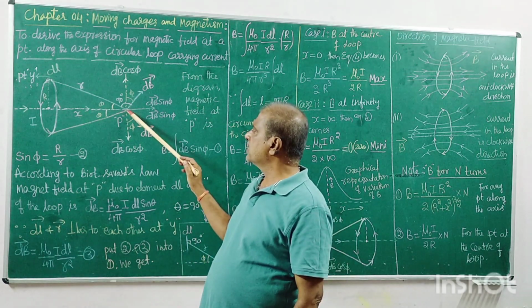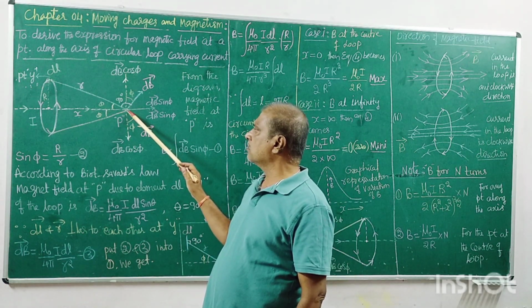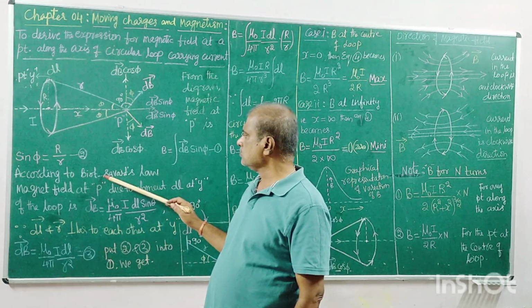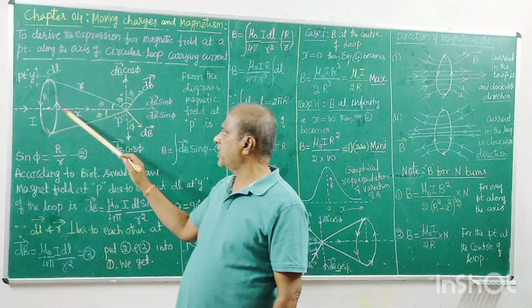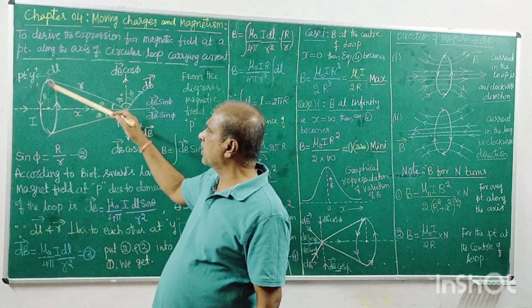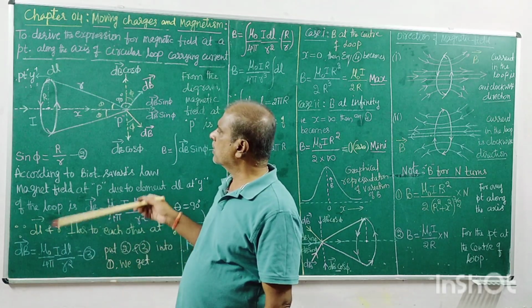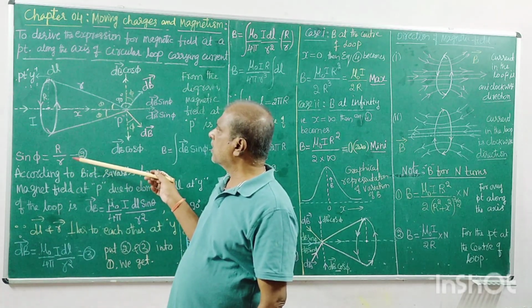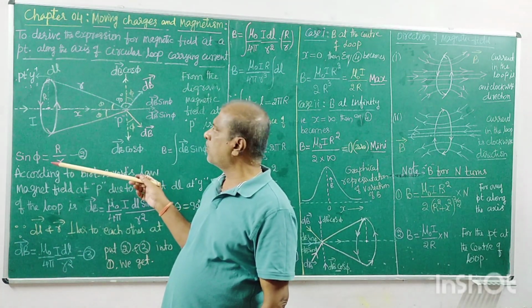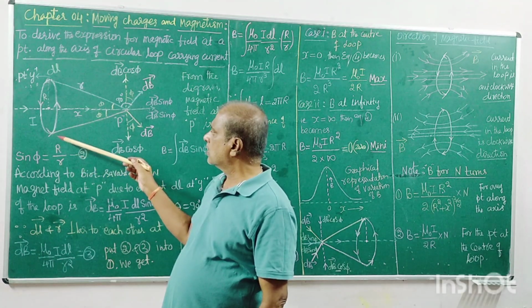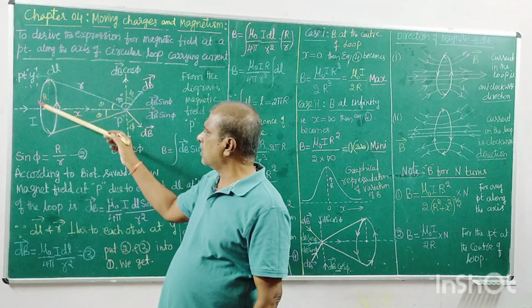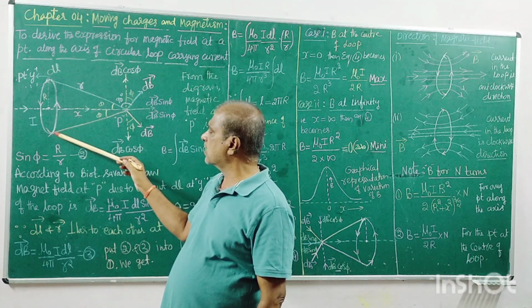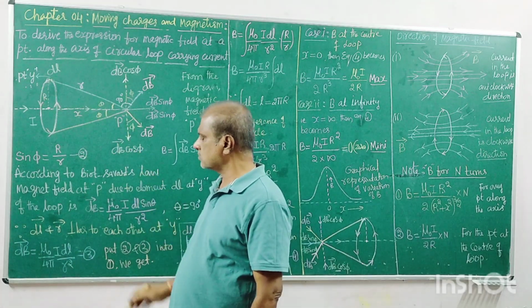So this geometry, in accordance with the Biot-Savart's law. That is the element. What is that? Current carrying conductor. As you know, you can divide the conductor into an infinite number of parts. The conductor length is L, the total L, that is the circumference of the circle.